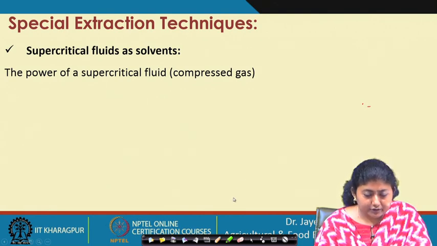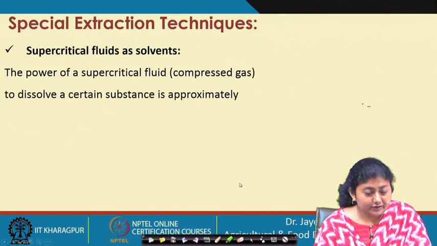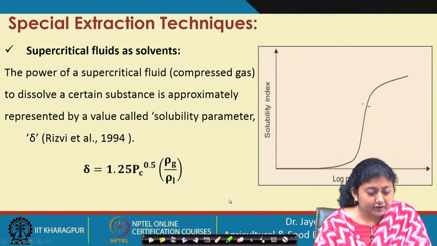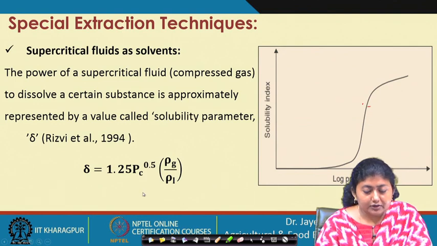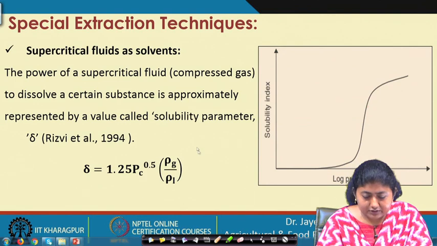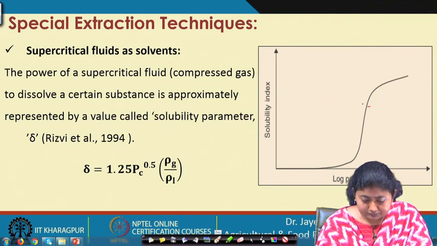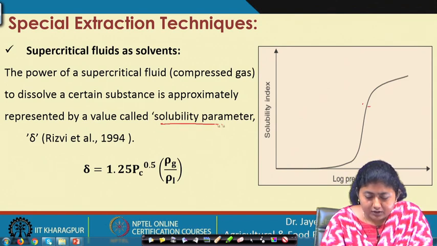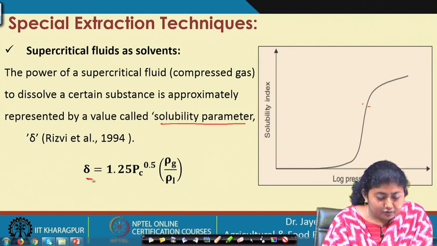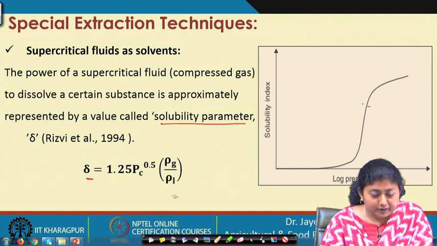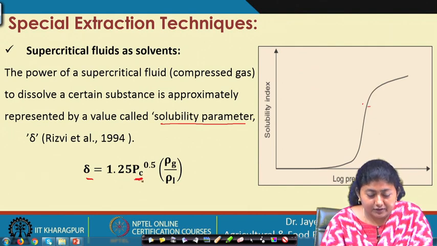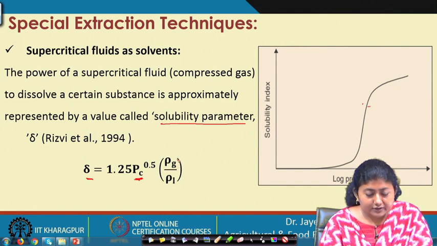So, the power of a supercritical fluid, or actually a compressed gas, to dissolve a certain substance is approximately represented by a value called the solubility parameter, delta. The solubility parameter is expressed by this equation: delta = 1.25 Pc to the power 0.5 into rho g by rho L, that is, the ratio of the density of gas and the density of liquid.